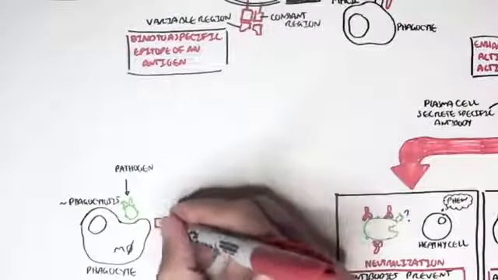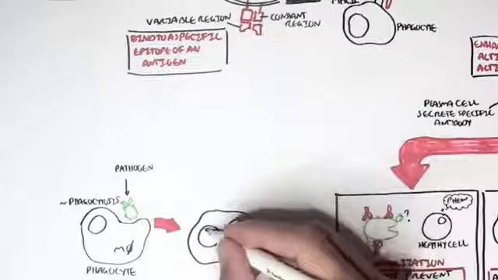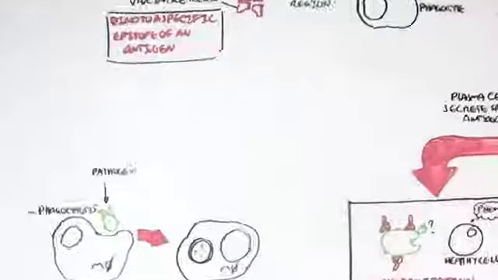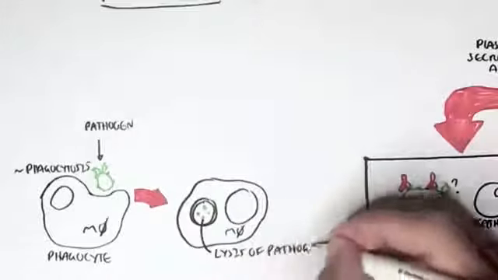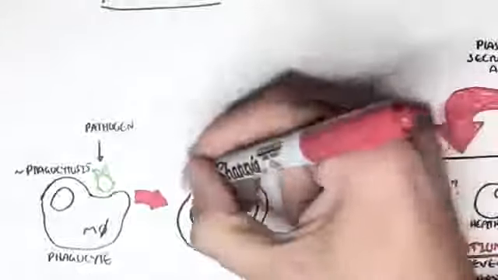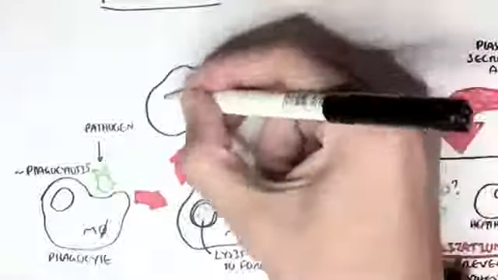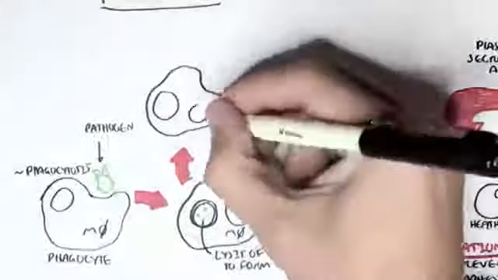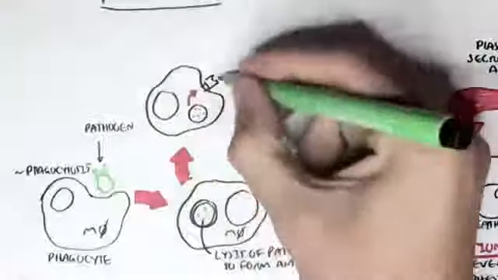And when it phagocytizes it, the pathogen will be essentially inside a vesicle and be destroyed by lysosomes, through acidic content. And so the pathogen will lyse and basically form bits of antigens.